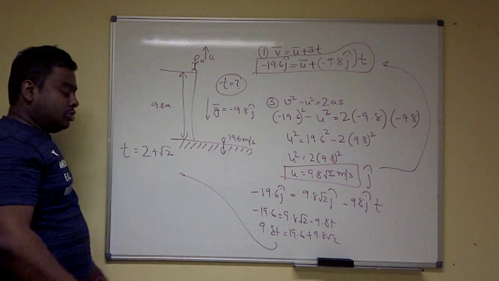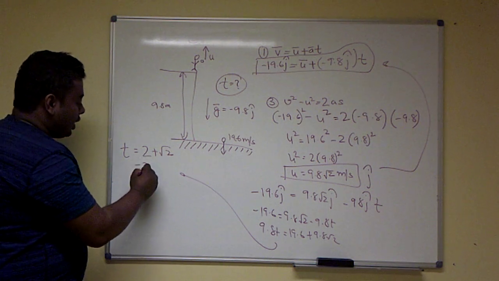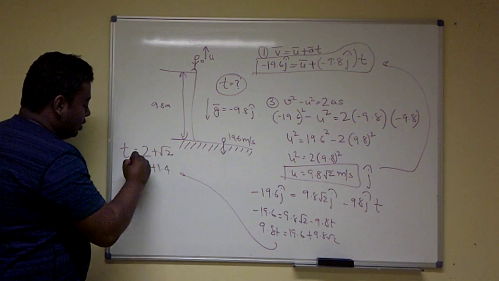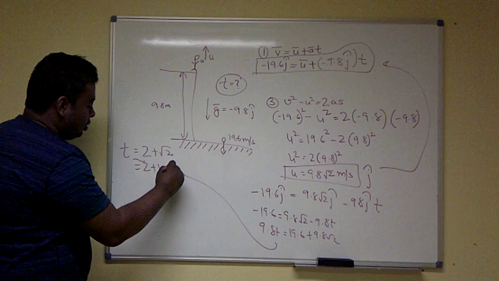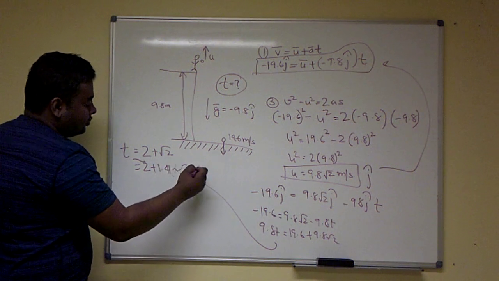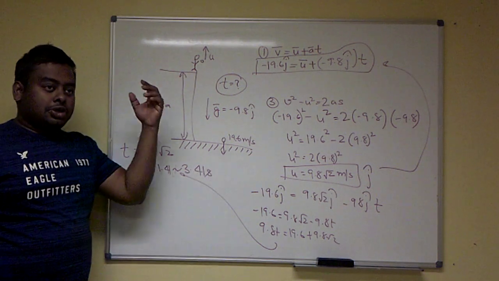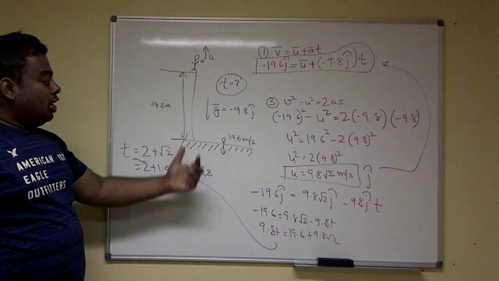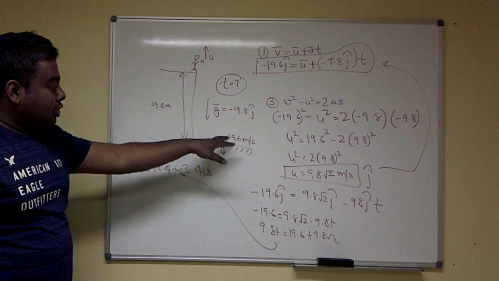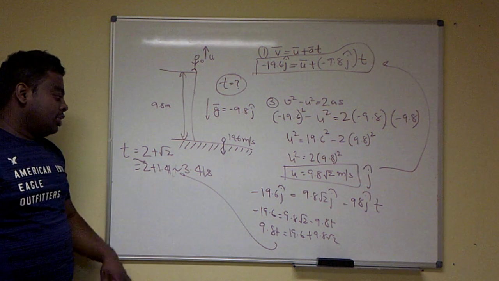You can also do the calculation and figure that out. So I'm guessing your time will be around 3.41 seconds from its initiation in the upward direction to hitting the ground at 19.6 meters per second.